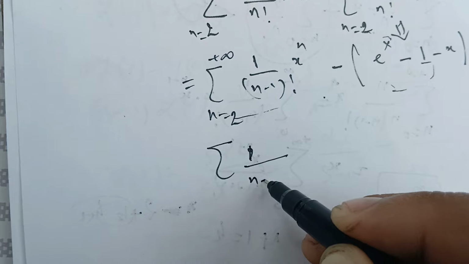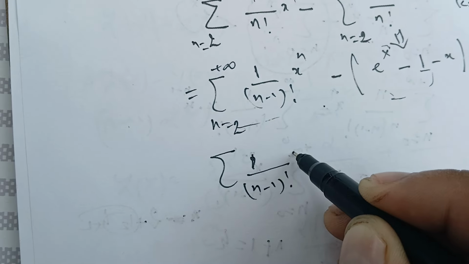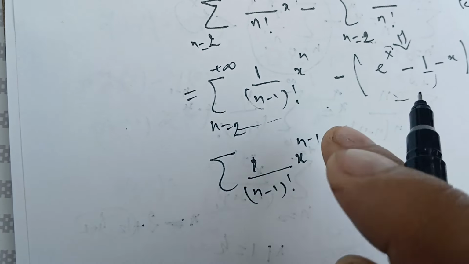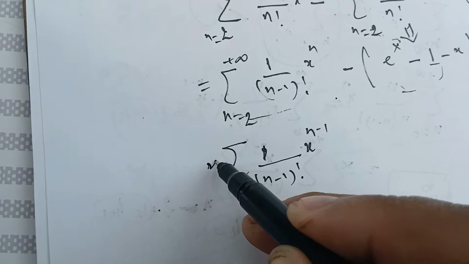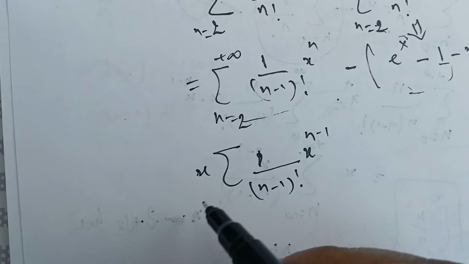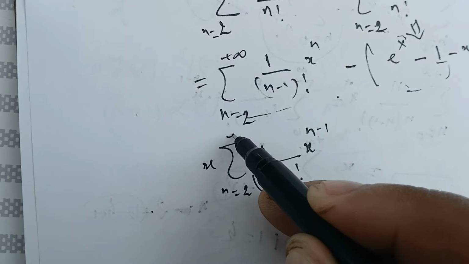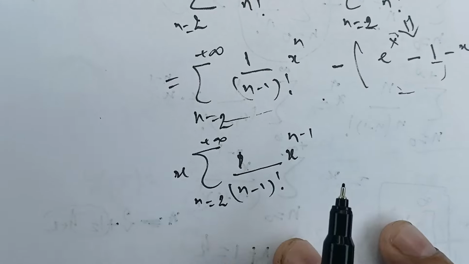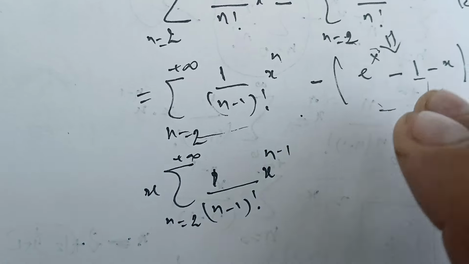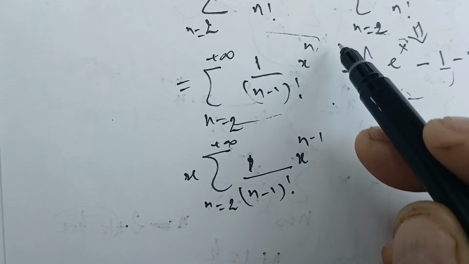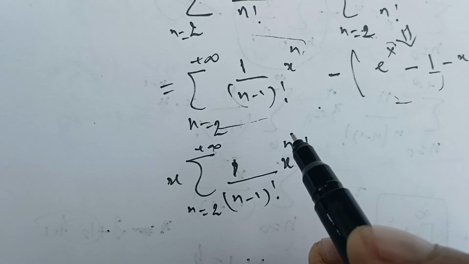So I have 1 over n minus 1 factorial times x to the power n minus 1 times x. I will take this x outside. I'm telling all the steps. Forget about the other part; I'm focusing only on this Taylor series.